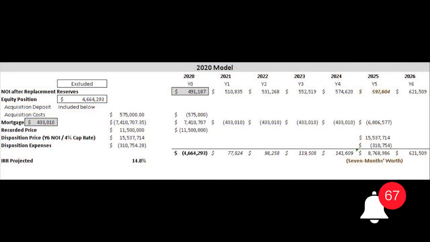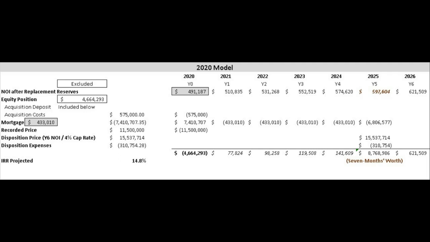So here's a rudimentary model. They expected 4% growth to the NOI, which is very standard. Because of that, they expected things to keep chugging along, and so the same 4% cap rate was reasonable. So they would keep it at 4% from acquisition through sale, and using that 4% and the projected year 6 NOI after replacement reserves, they projected roughly a $15.5 million value at the end of the holding period.